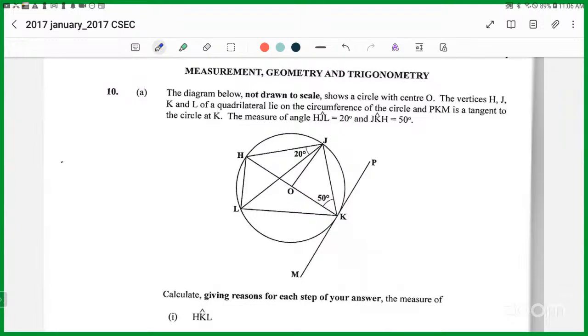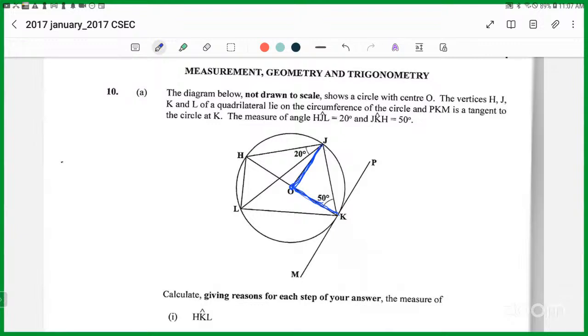Then they give you the measure of angle HJL in here. It's 20 degrees. That's on the diagram. And this one is 50 degrees. Now, always remember that a triangle formed from the center with the two radii is isosceles, because these two blue lines are equal in length. Each of them is a radius.